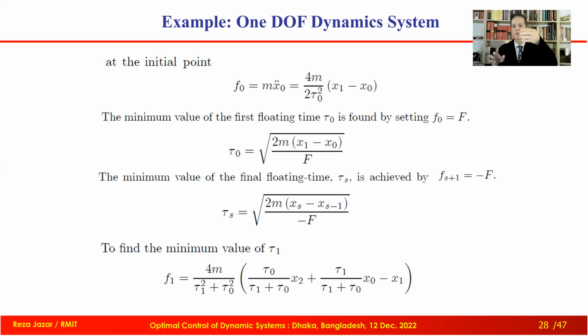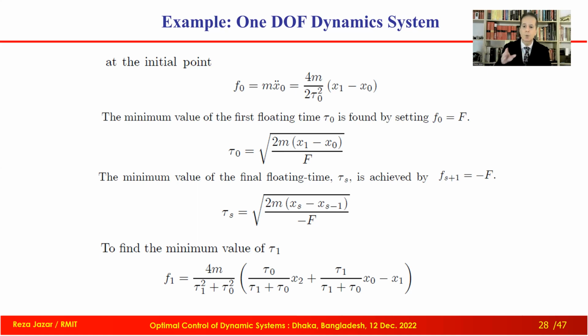Now I can move to the second point. In the second point, tau 1 is unknown. Now I change tau 1 until f is saturated and moving forward. Okay? So this is the principle. I assume that we start with saturated input and I adjust all time intervals to keep this at the maximum.